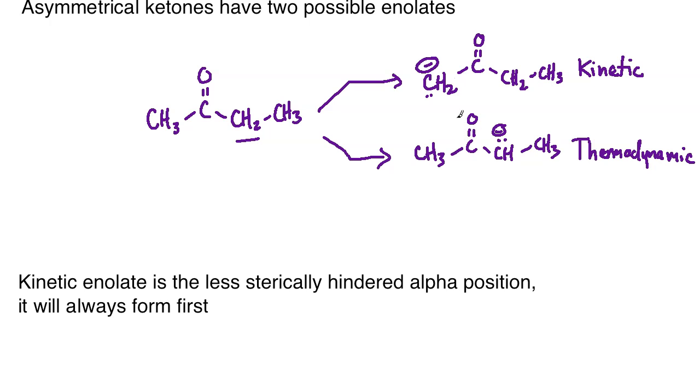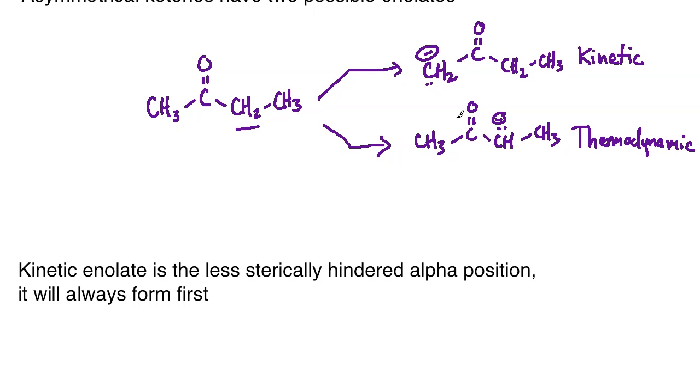Okay, so the kinetic enolate, you can see from the note here, is the less sterically hindered alpha position, and it will always form first, right? So one of the main answers that students will always throw out when they're in undergraduate organic is sterics, right?